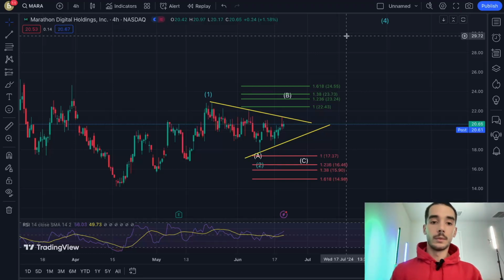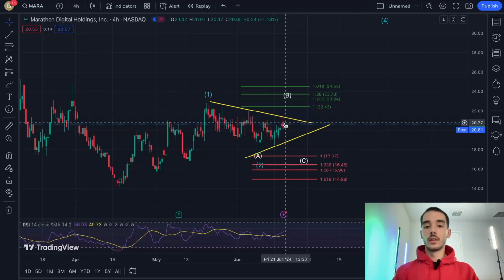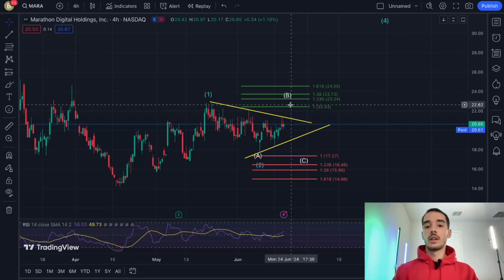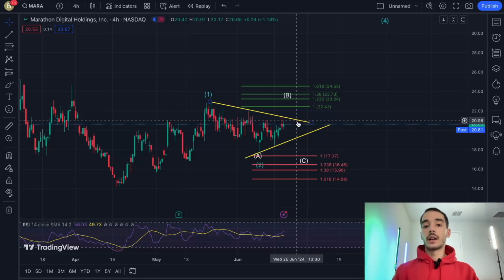What's going to invalidate both of these paths, and we can start seeing the third wave sooner rather than later, would be this continuing higher, holding around that 1.236 extension, around $23.25, not breaking back down into the range, and then instead just breaking higher.